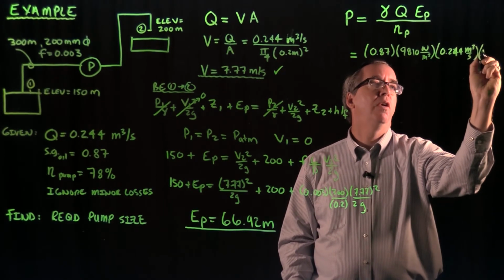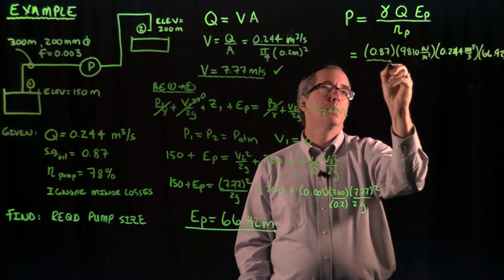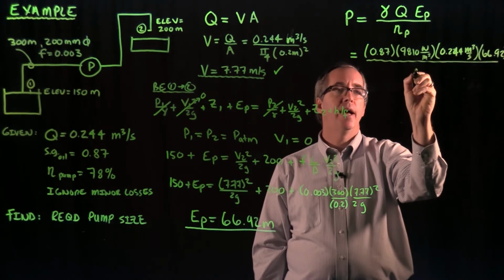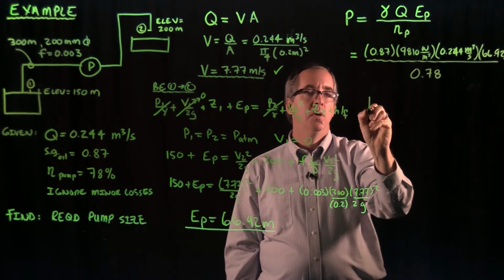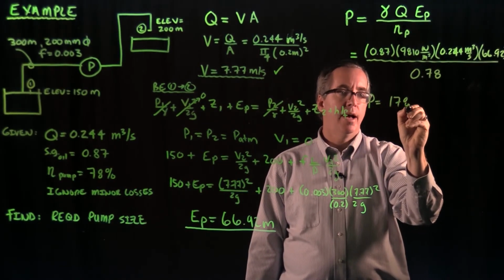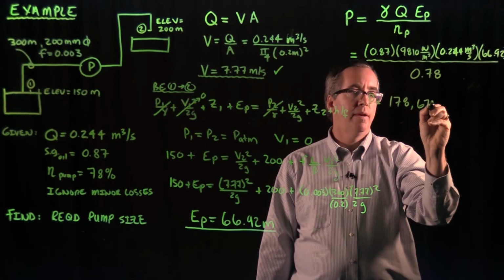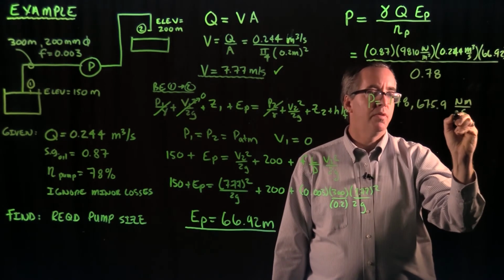And then, of course, we just solved for that pump head at 66.92. We're going to divide that by 0.78, which is the efficiency of the pump. When we do that, we get 178,675.9 newton meters per second.